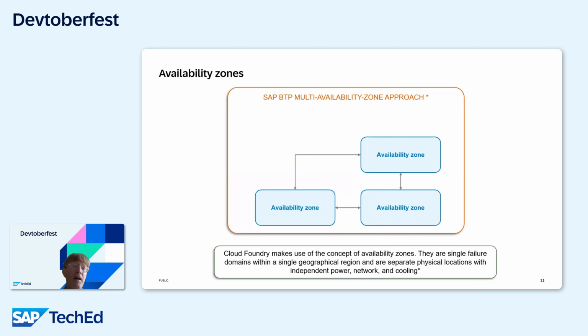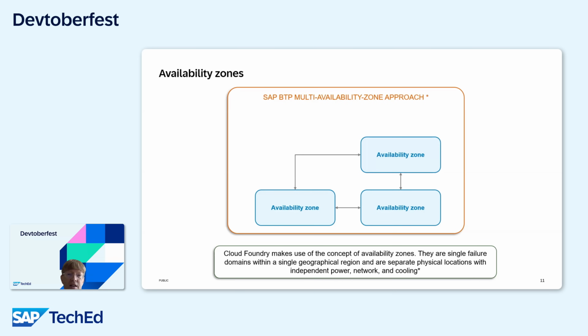A couple of concepts I'd like to talk about. Here, general background. One of them is availability zones. And this is obviously relevant to the cloud. An availability zone is a single failure zone in a single geographical region. So for example, in Frankfurt, there'll be several availability zones. Each zone has its own independent power supply, its network, and cooling facilities.